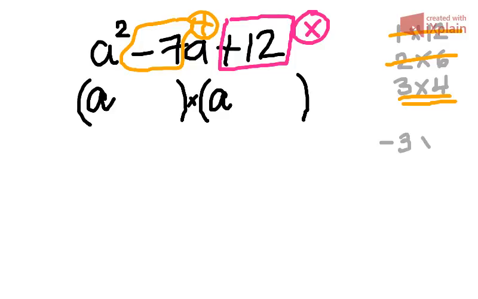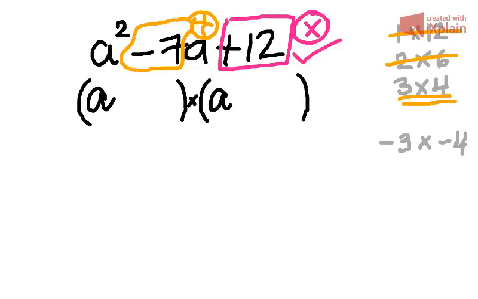Negative 3 times negative 4 is still positive 12. So it does satisfy the condition that the product of the 2 numbers we are after is 12.